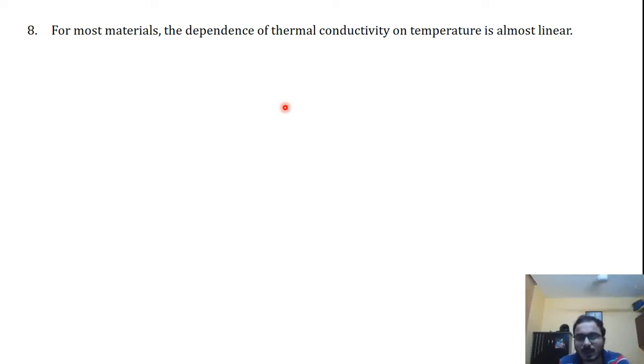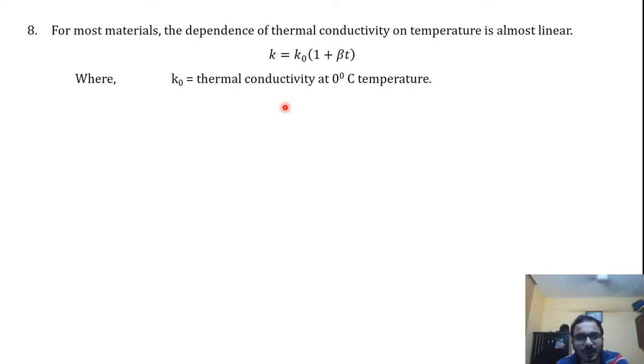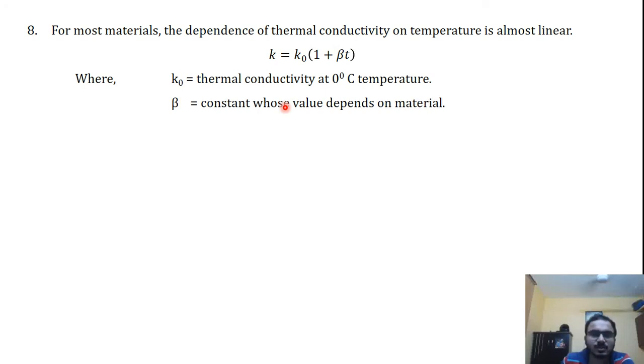We will see this with the help of one formula, which is K is equal to K0 into (1 plus beta T), where K0 is the thermal conductivity at 0 degree Celsius temperature. Beta is a constant whose value depends on the material.